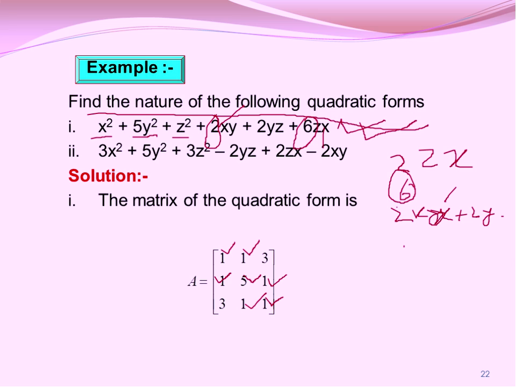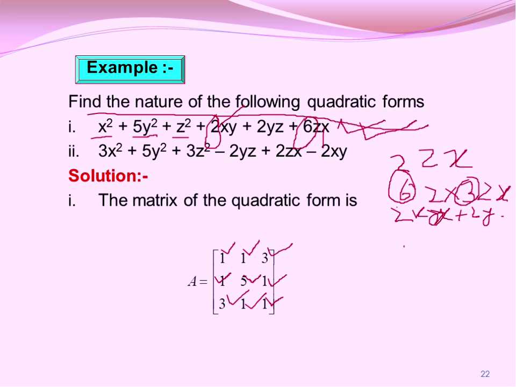So we can write it as 2 multiplied by 3, which means the value is 3. That is why we write 3 here and 3 here. So this is the matrix. Yes, you are right, Fahad. We first write it in matrix form.